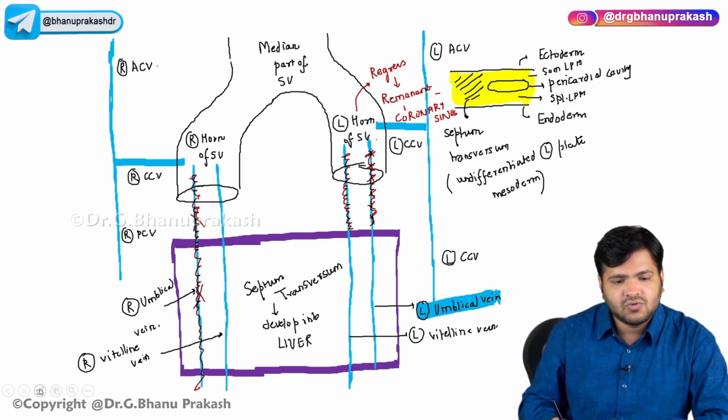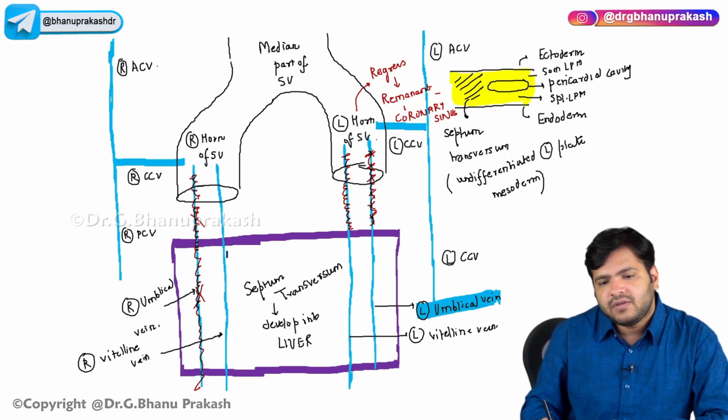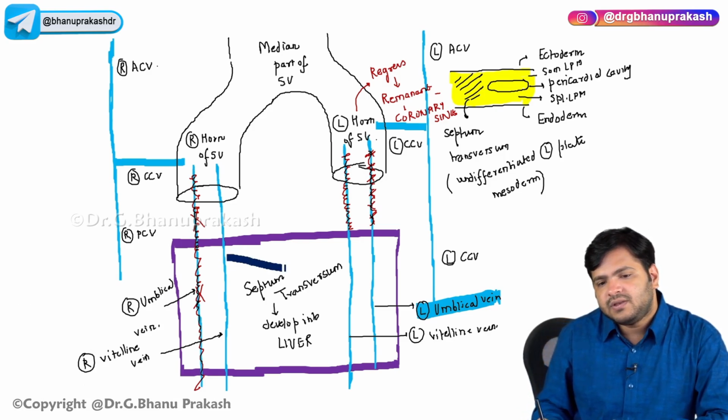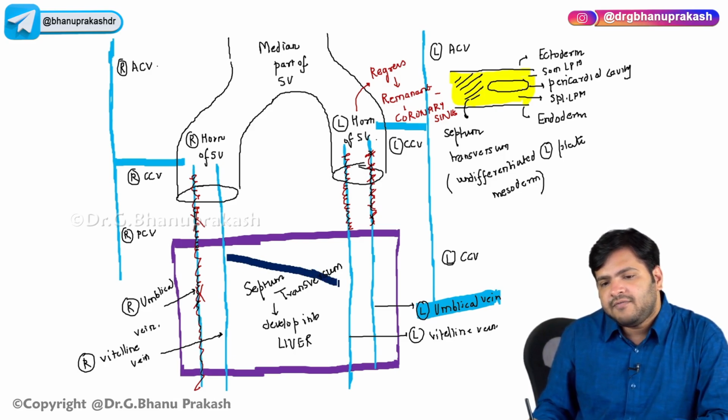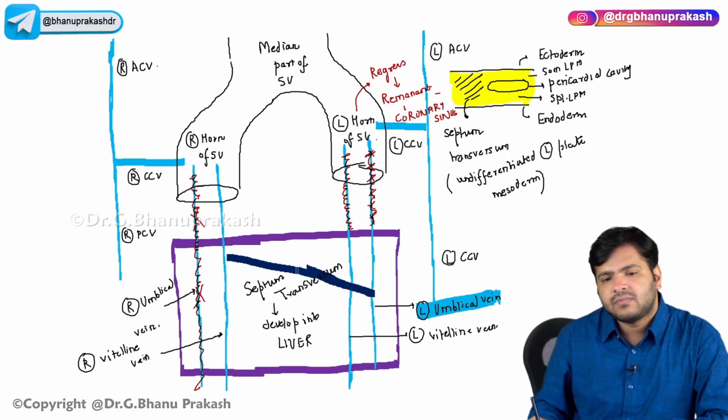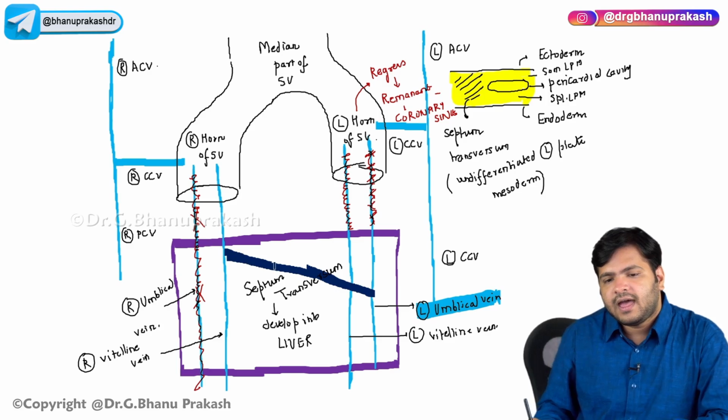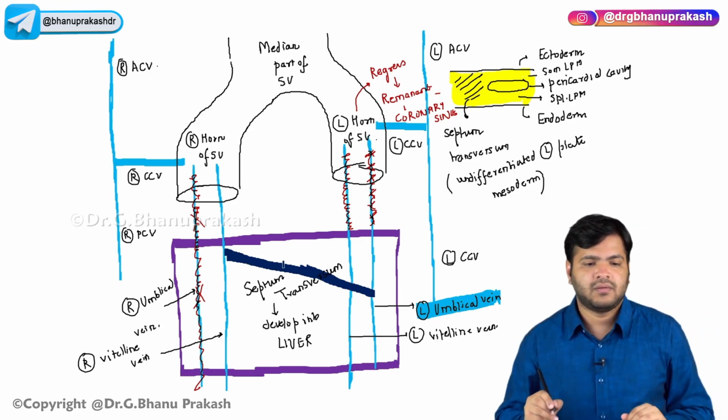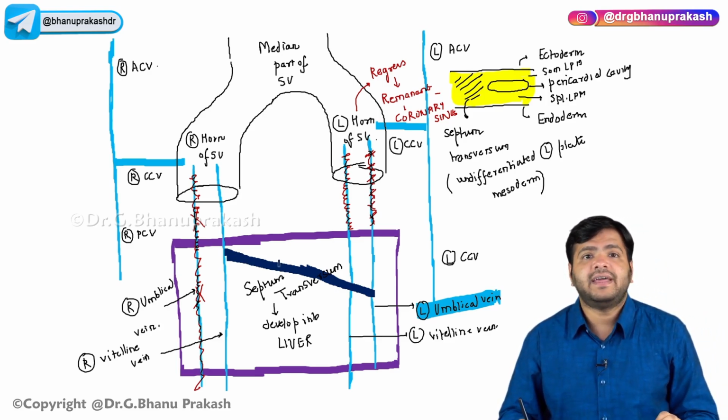So I am just trying to show you in this particular diagram. Yes, there will be an anastomosis between the left umbilical vein and this right vitelline vein.